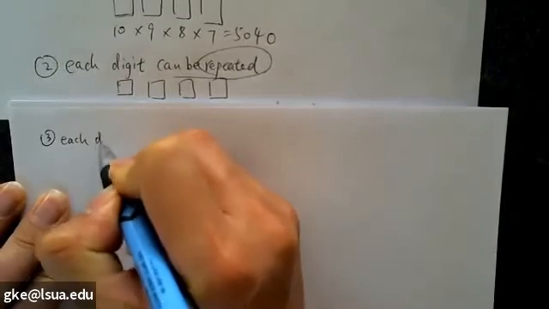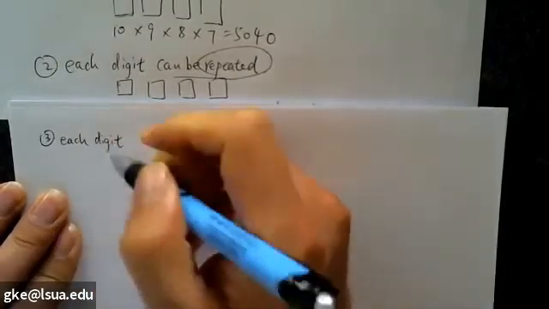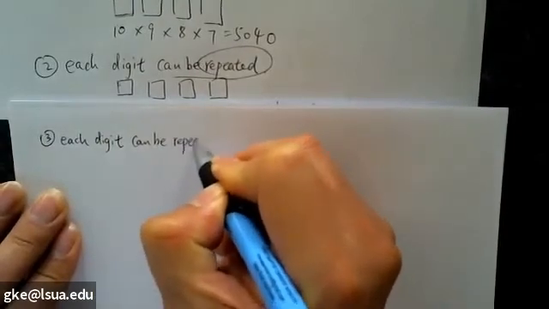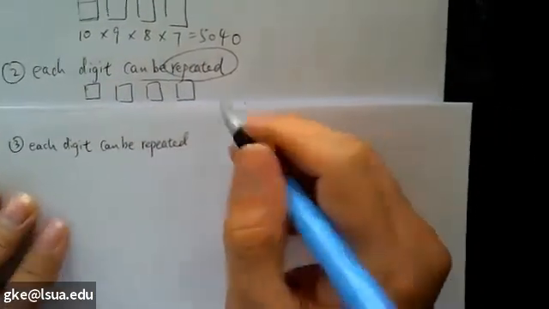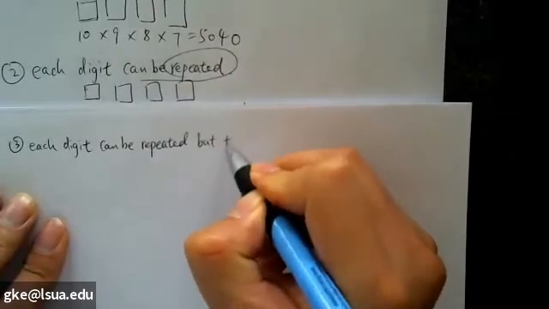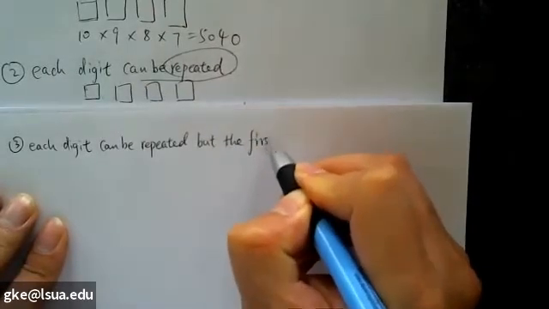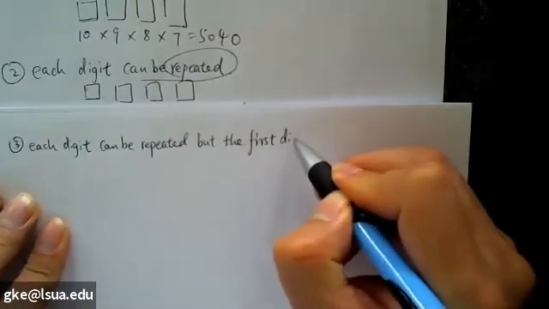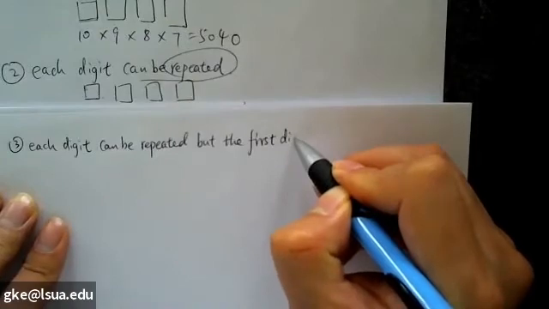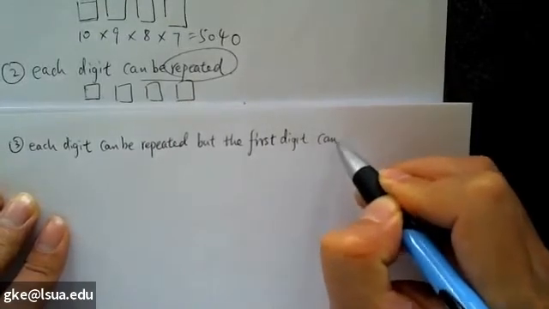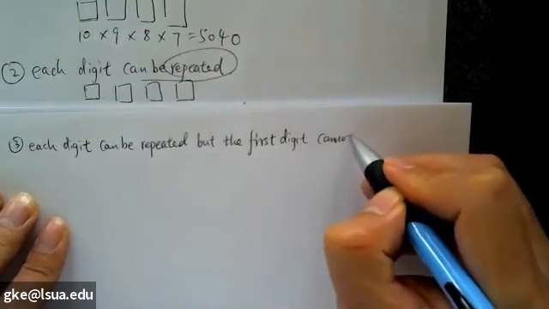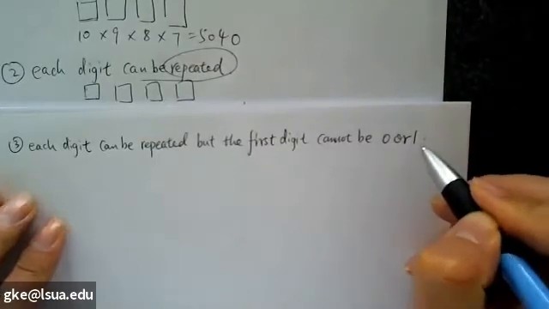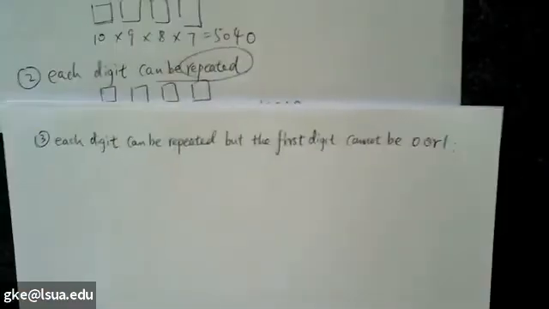Each digit can be repeated, but the first digit cannot be 0 or 1. Okay, try it again.